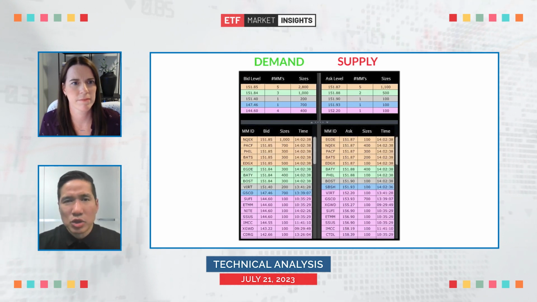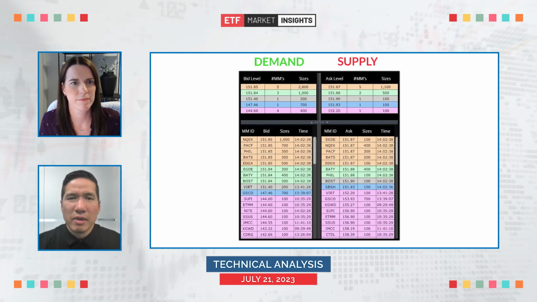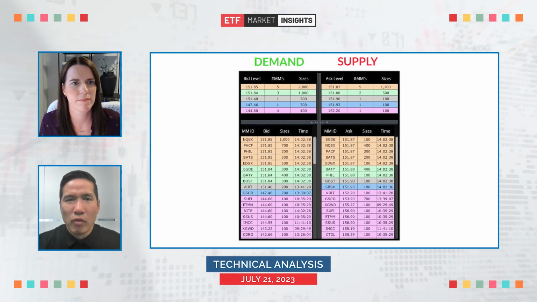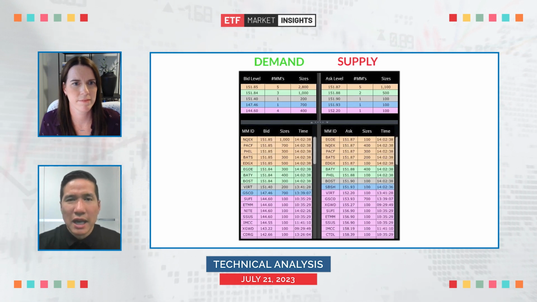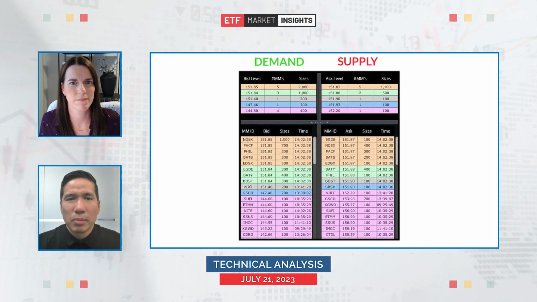But when demand outstrips supply, that's when you have prices going up. And in extreme environments like 2008, 2020, that's when supply overwhelms demand. Sellers overwhelm buyers, and that's when you see the price drop, and you see a gap down in stock prices. So again, the squiggly lines are essentially an intuitive way of trying to understand demand and supply.